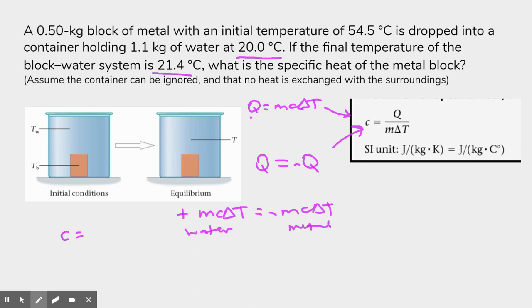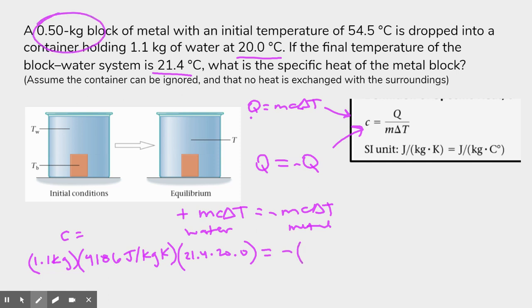Okay, well, I have 1.1 kilograms of water. C is just the specific heat, which we can look up from a table, and it is 4186 joules per kilogram Kelvin. And my delta T is 21.4 minus 20, because delta T is final temperature minus initial temperature. We're going to set that equal to negative the block.